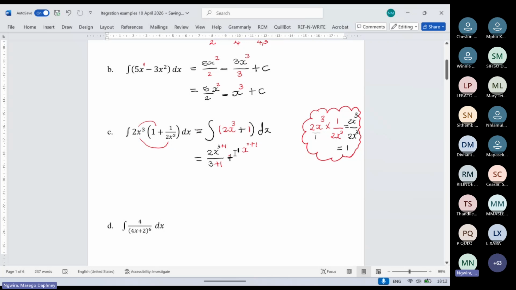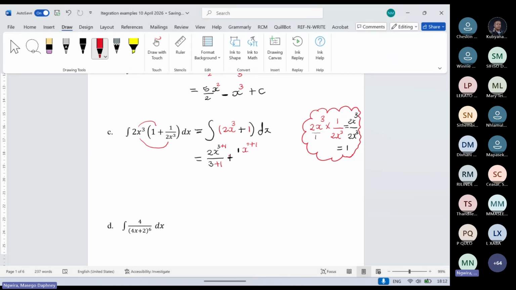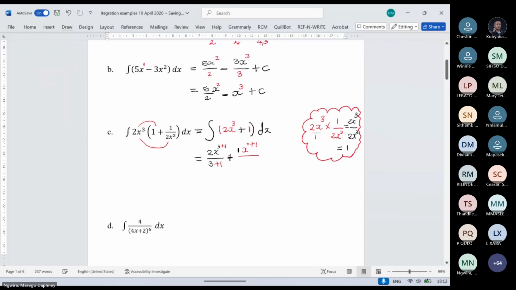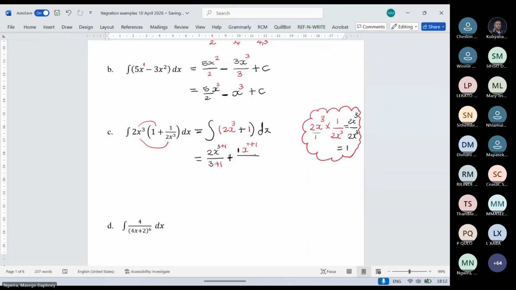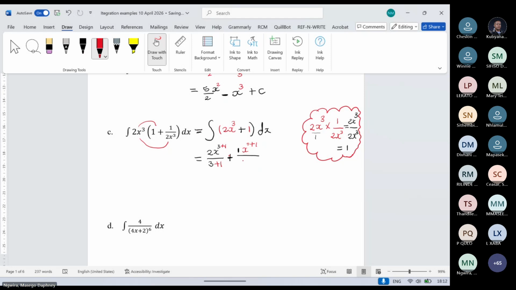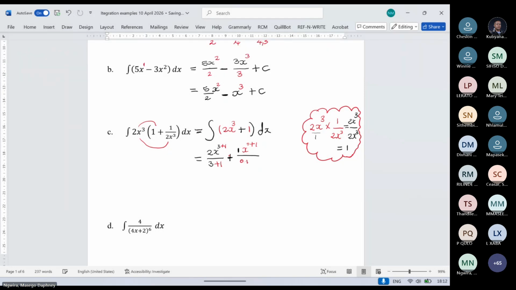Every time you have a constant and there's no number, when you integrate, this is what's going to happen. And then this will be over 0 plus 1. And then don't forget the plus c.